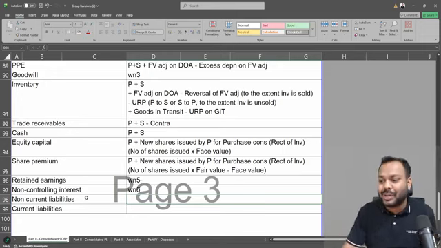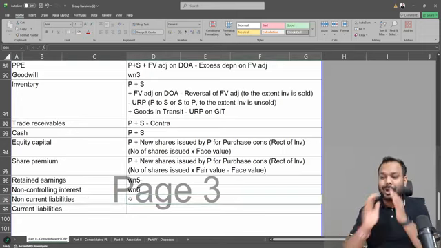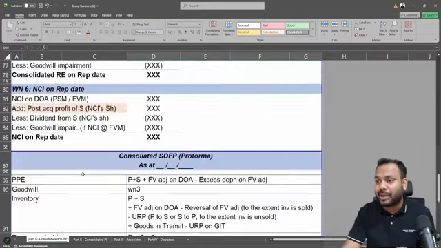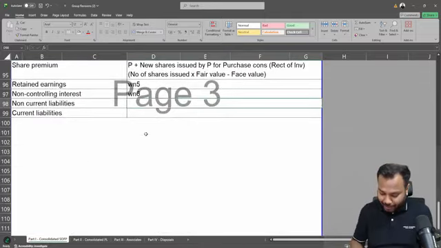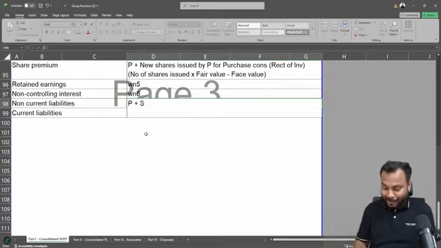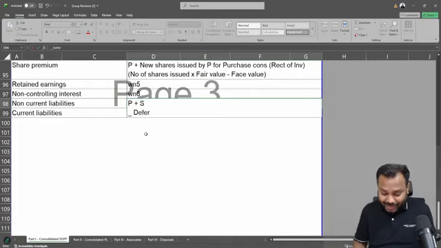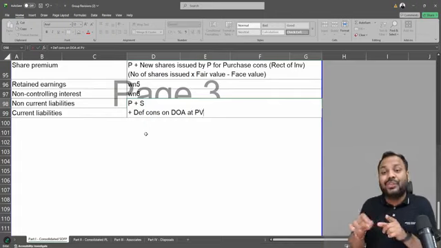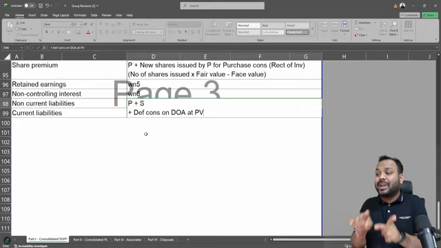Now coming to non-current liabilities. Under non-current liabilities, what will come? So see here, parent plus subsidiary, plus deferred consideration on date of acquisition at present value, if this was not accounted for as part of rectification of investments.